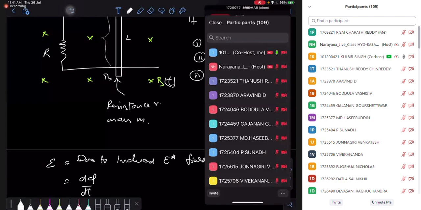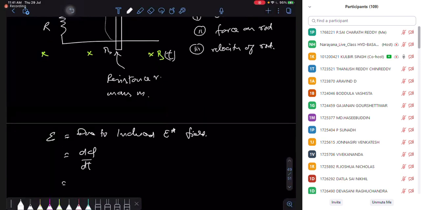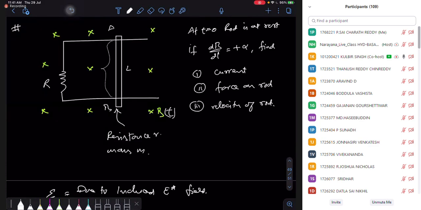That could be done quite easily, because my flux is B into area. This side is given as L, and let's take the other side as a.